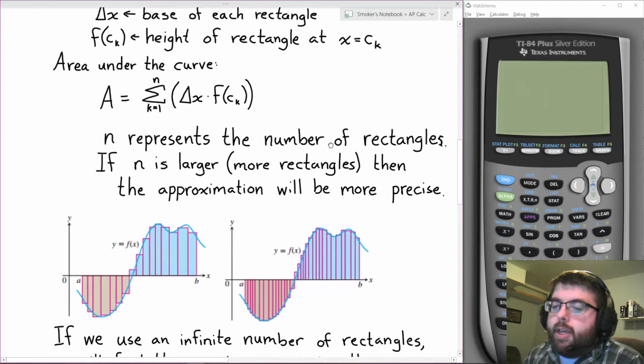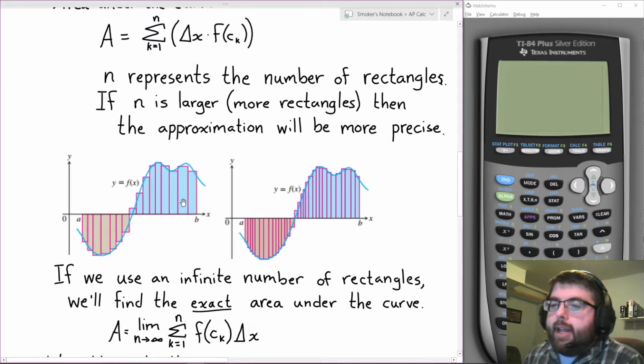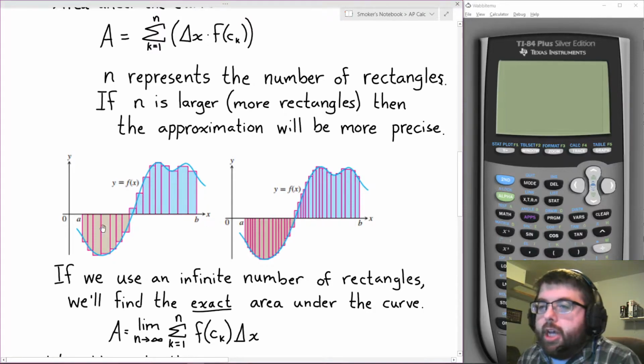As you can see in these screenshots of the book, the more rectangles you have, the less area that's overshooting and the less area that's undershooting. If we want to find the exact area under the curve, we're going to want an infinite number of rectangles, essentially making the rectangles as small as possible.